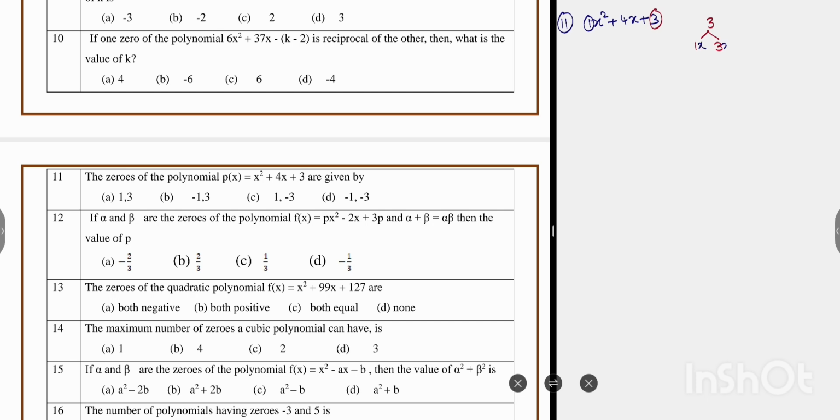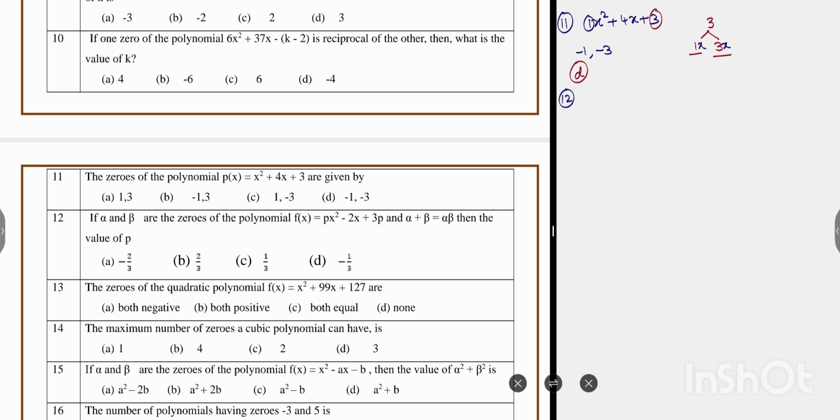So 1x, 3x we take. Since factors are x plus 1, x plus 3, zeros will be minus 1, minus 3. This will be possible only when x square coefficient is 1. I said to take like this. Factors you find out, the opposite sign of factors are the zeros of the polynomial. So it is option D. When it is objective, we have to follow some quick methods. Simple, easy way we have to find out. That lengthy process is not required.